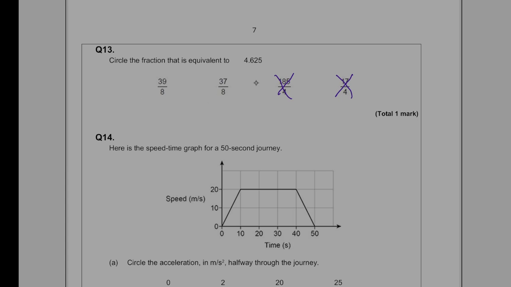So it's got to be one of these two. And then if we look at how many times it goes into, well, let's say 8 times by 4 is equal to 32.